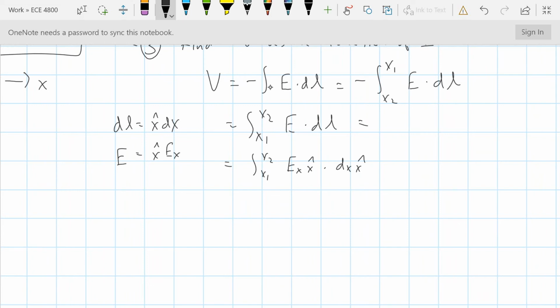So this becomes the integral of E sub x dx from x1 to x2. The integral of dx is just equal to x. So this becomes E sub x times x2 minus x1, which is just equal to E sub x times the length.